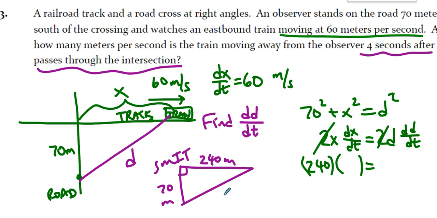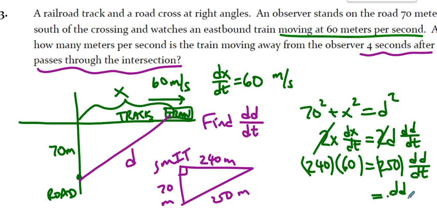So the Pythagorean theorem says that this is 250 meters, and I'll just let you confirm that with your own Pythagorean theorem calculations. Let's substitute everything we know. dx/dt is 60. d is 250 according to this special moment in time. This is the thing we're looking for.